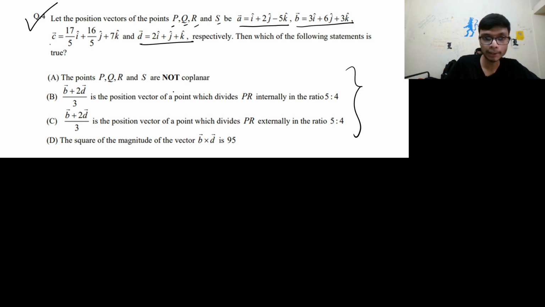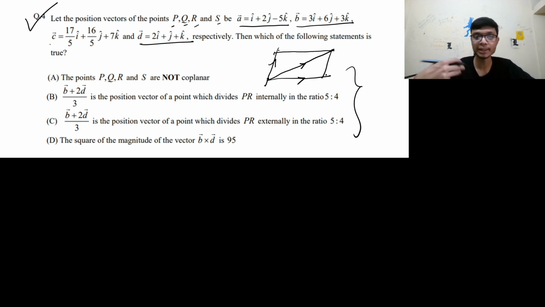So what do we mean by coplanarity? If we have 4 points, we can make three corresponding vectors from them.